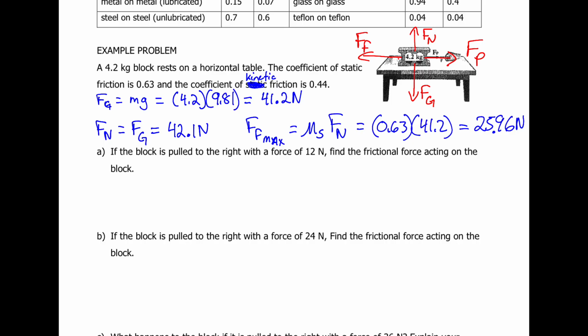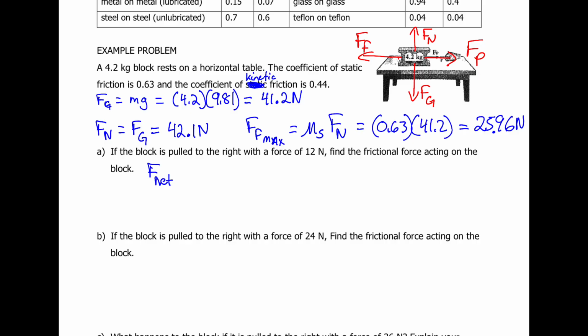All right, so in the first scenario, the block is going to be pulled to the right with a force of 12 newtons. Every time we see this diagram, there's more than one force happening here. We want to write a force net equation. So we want to write all the forces that are in the same plane as the friction force acting on this object.